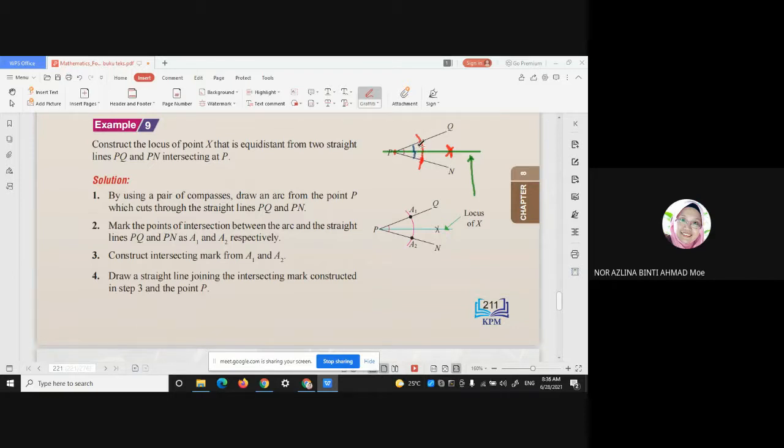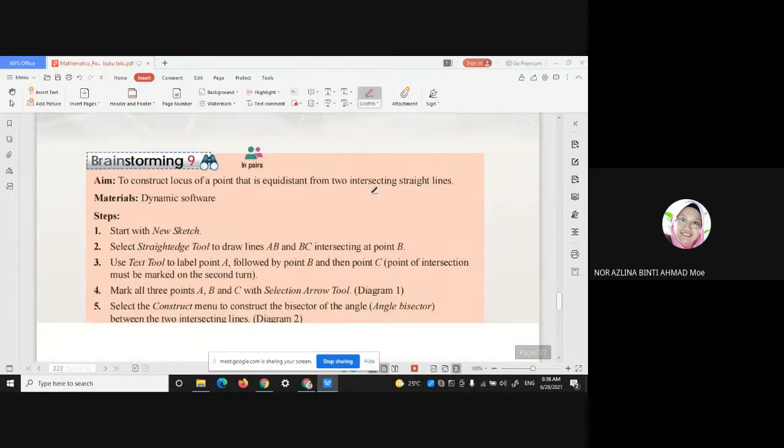Remember, if here is angle A, so here also A. Equal, equal. That's why we give the name angle bisector.